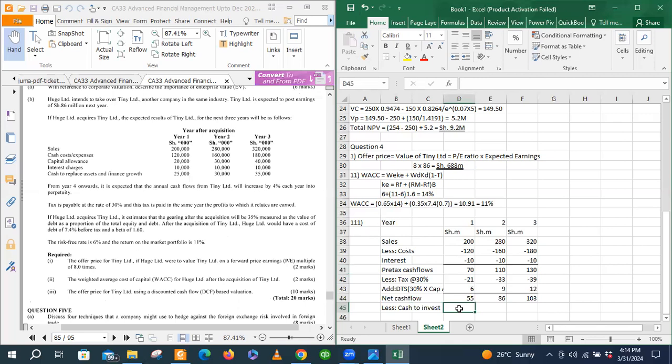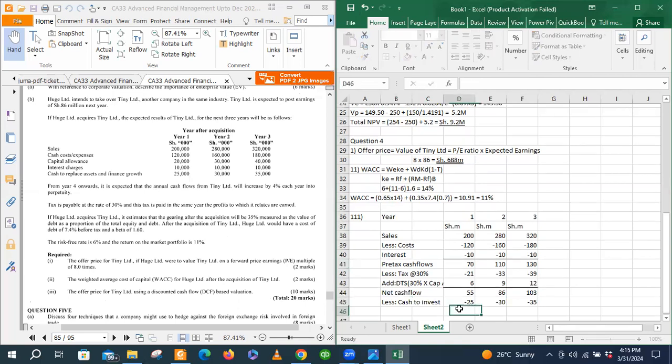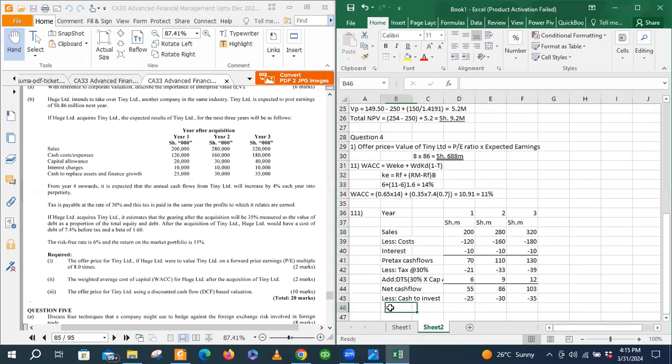In year one, we need 25 to invest. So minus 25. In year two, we need 30. In year three, we need 35. So whatever we have now is our net cash flows, which is like now our dividends.